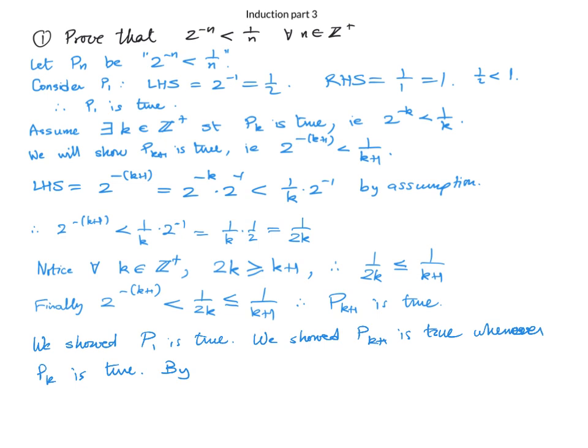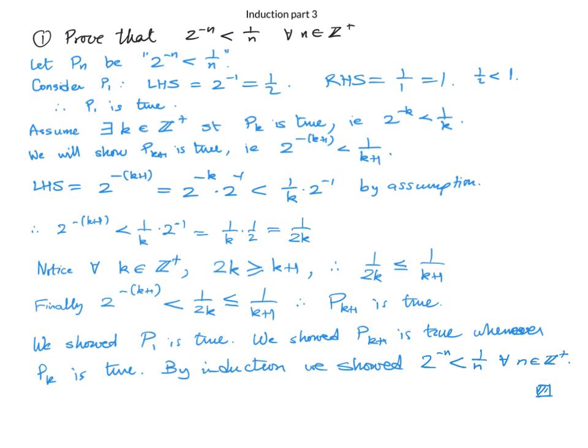By induction, we showed 2 to the negative n is less than 1 over n for all n in Z plus, and we draw our box to celebrate.